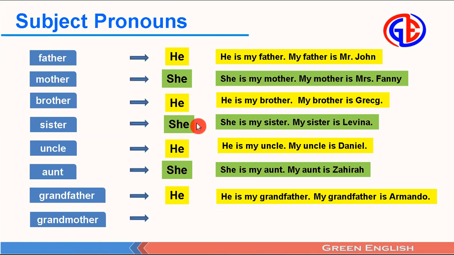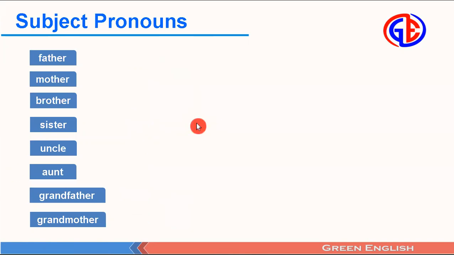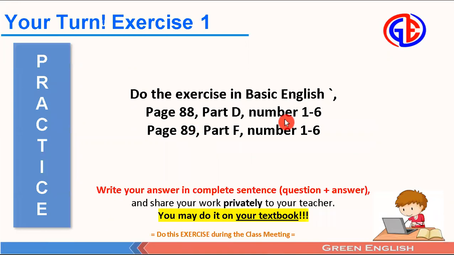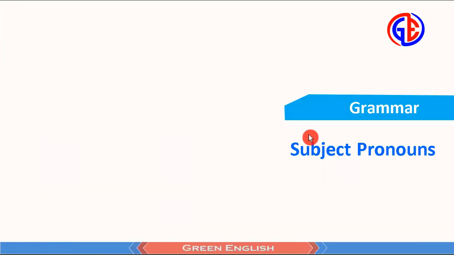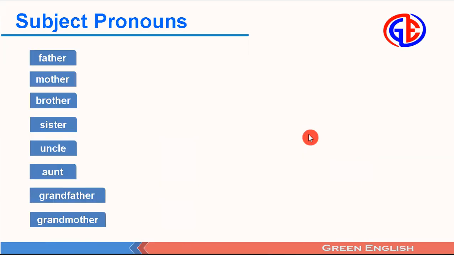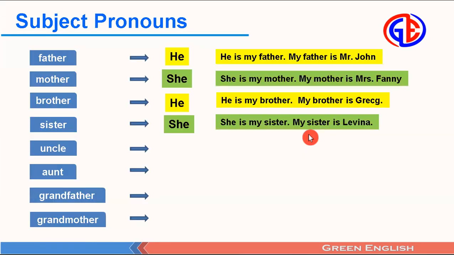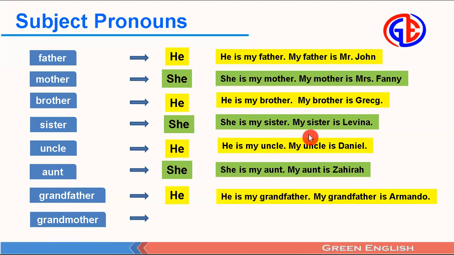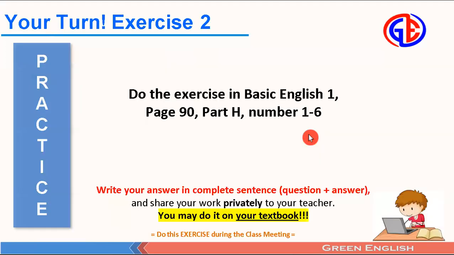Ya, sebentar, let me rewind first. Okay, yang ini juga seharusnya di buku English 1, sorry, there's no mistake on that. Okay, di buku English 1, since you are the first grade, ya. Okay, now let's see the second exercise, ya.